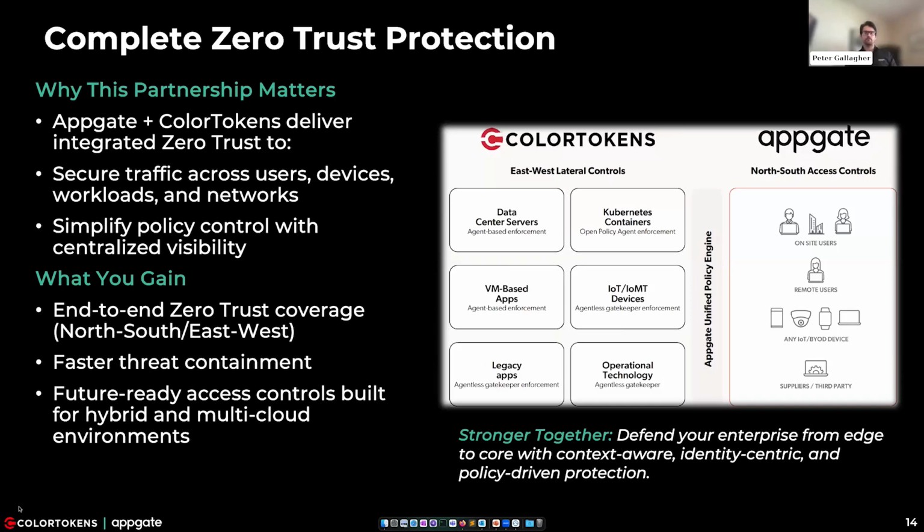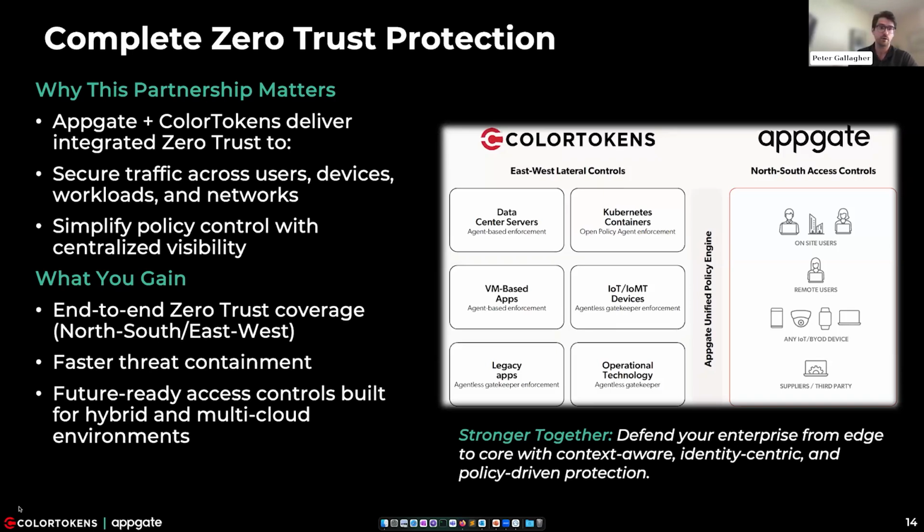I think I can handle that one, or I can at least answer part of it. One of the biggest differentiators that AppGate brings to the table is the continuous authorization model that comes in the form of our policies, entitlements, and conditions, where we can continuously evaluate and make sure that not just at session initiation, which is where most tools make that determination, it's something that gets continuously evaluated.